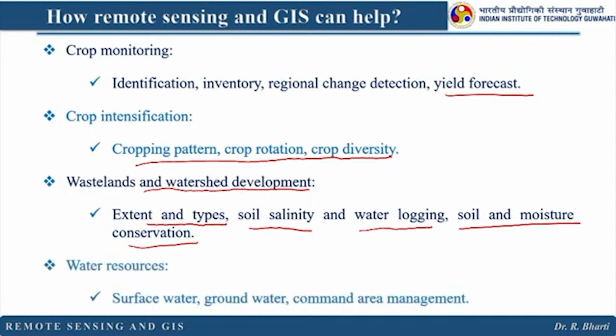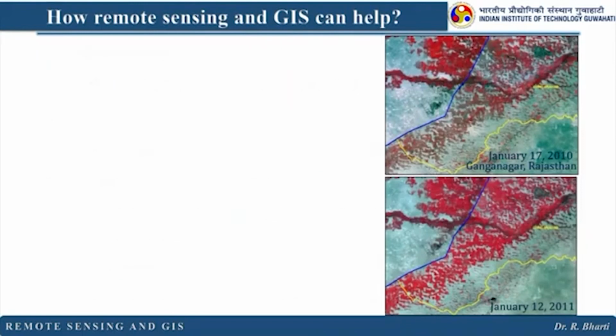Water resources, that is very important in agriculture, so surface water budget, groundwater, command area management. These are the potential applications of remote sensing and GIS where you can think of applying these techniques, or you can refer to some of the published literature if you are willing to work in this particular area and see what different work has been done using remote sensing and GIS and how you can contribute more.